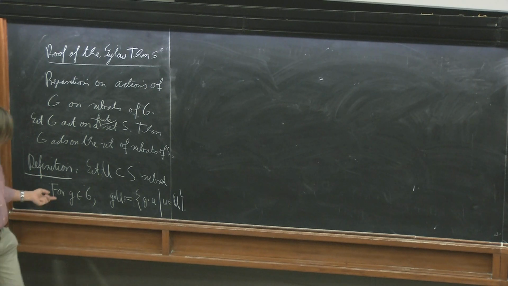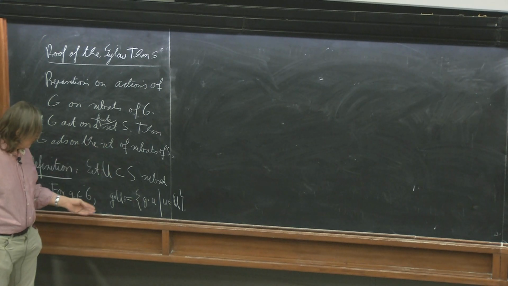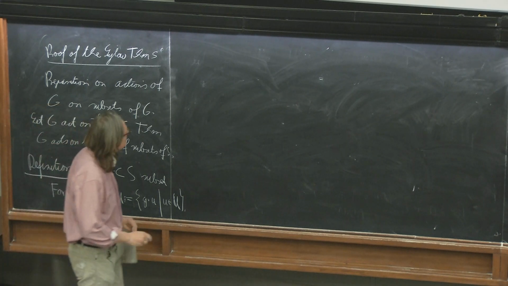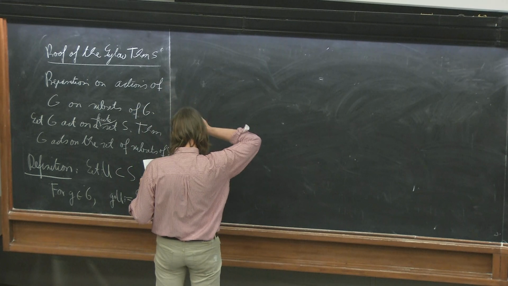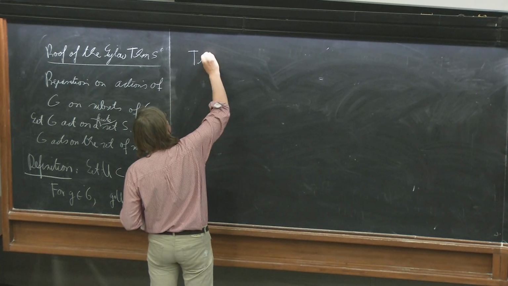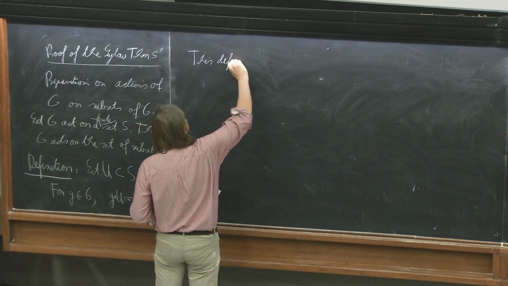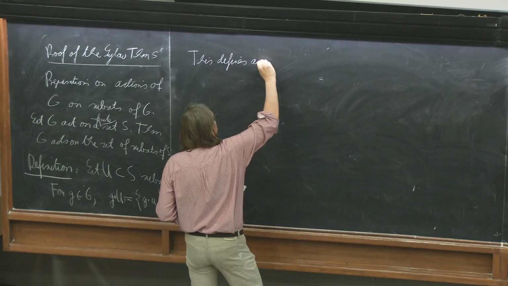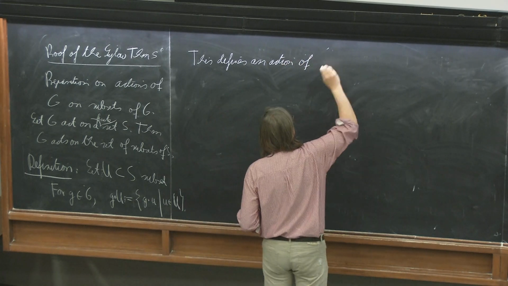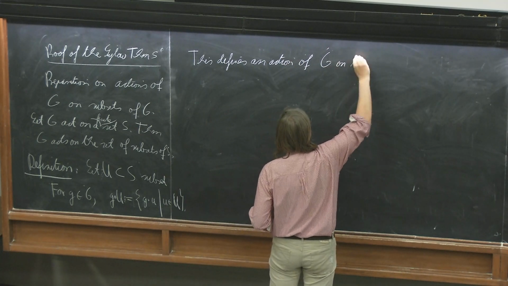If you have an action of G on S, then this defines an action of G on the subsets of S.